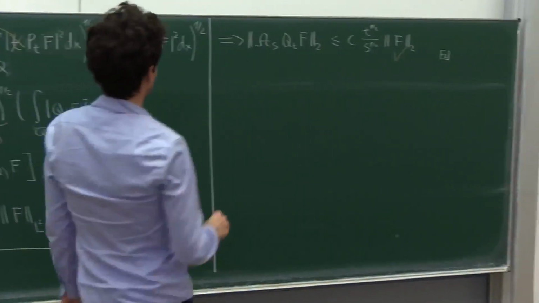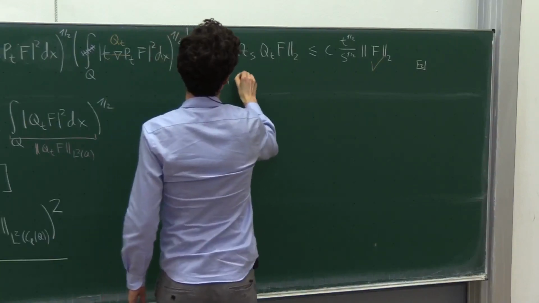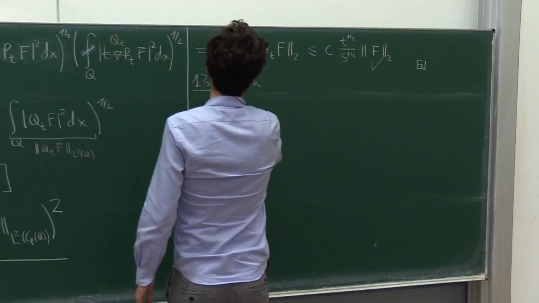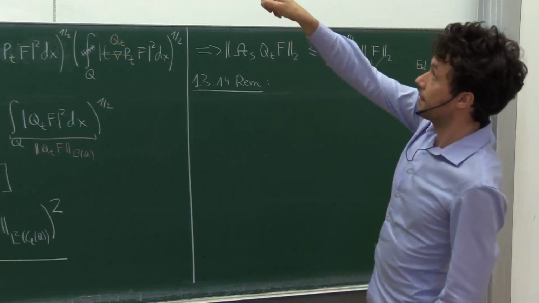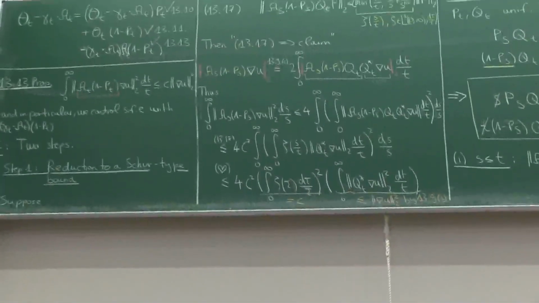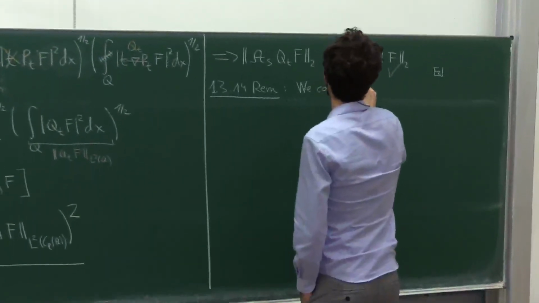Before I write down what we have, there's a tiny remark, 3.14. You know, there was this trick where I introduced the A_T operator, using that A_T was idempotent. So A_T squared was A_T. So I could have gone one step further.